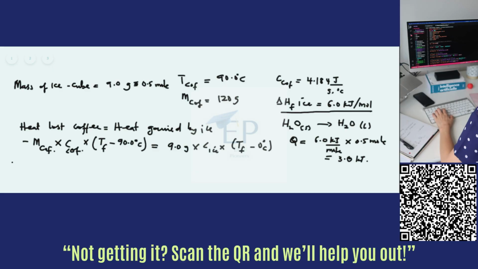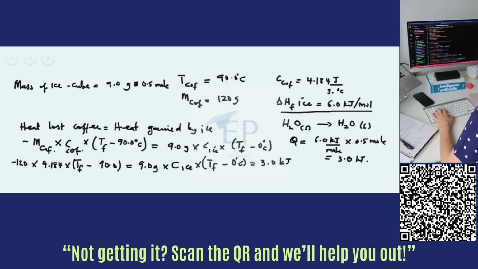the mass of coffee, 120, minus 120 times the heat capacity of coffee, 4.184, times TF minus 90.0 is equal to 9.0 grams multiplied by the heat capacity of ice multiplied by TF minus 0 degrees Celsius is equal to 3.0 kilojoules.